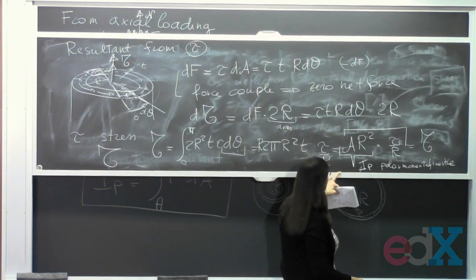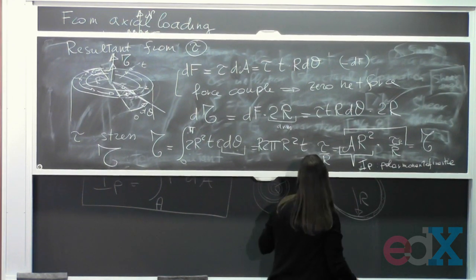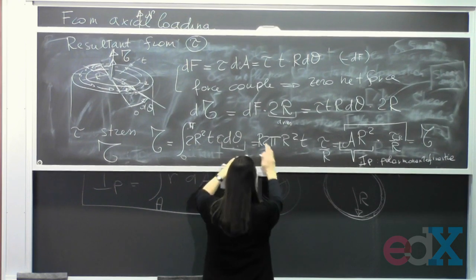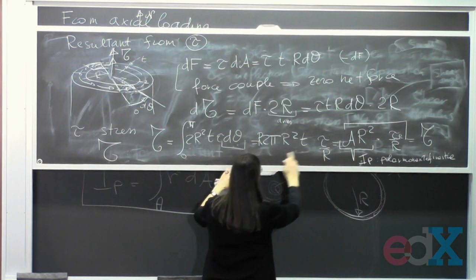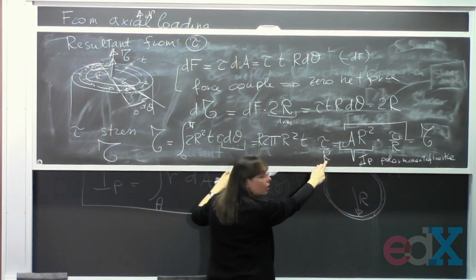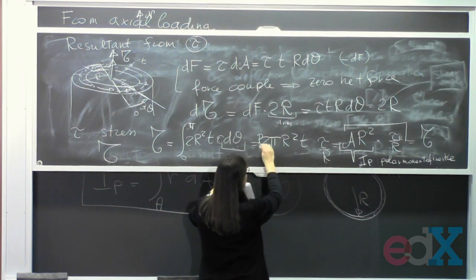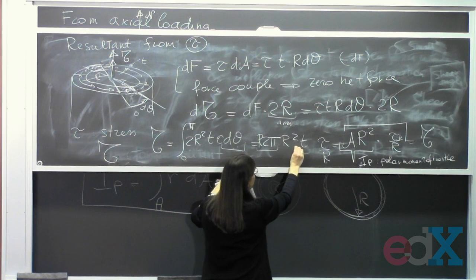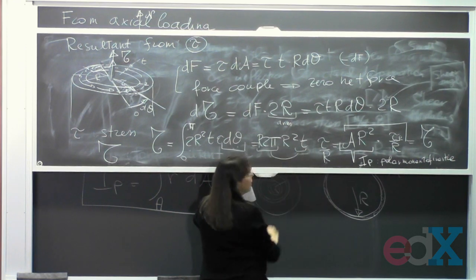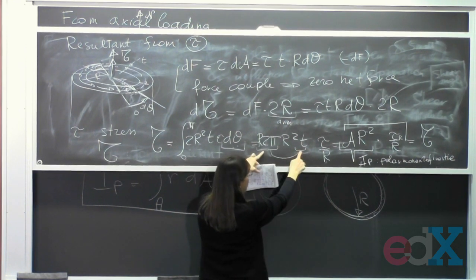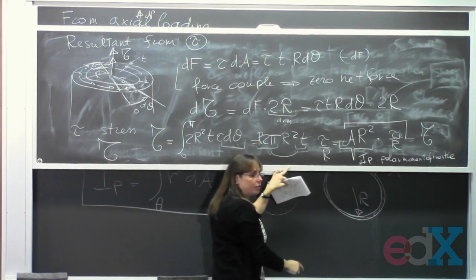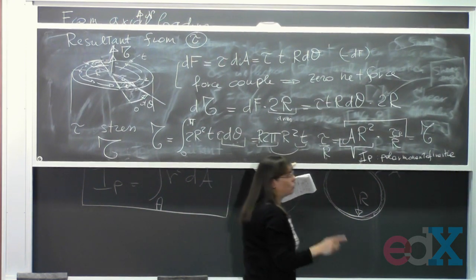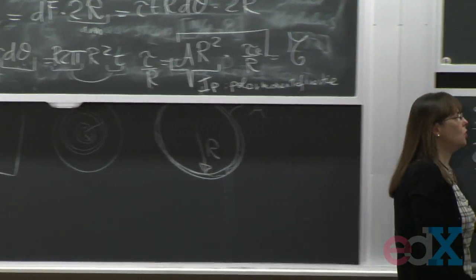So I started off with 2 pi r squared t times tau. Then I multiply and divide by r, so that I can group this guy here together, and that's the area, and end up with area times r squared times tau over r. I like to write it this way. Why do I like to write it this way?